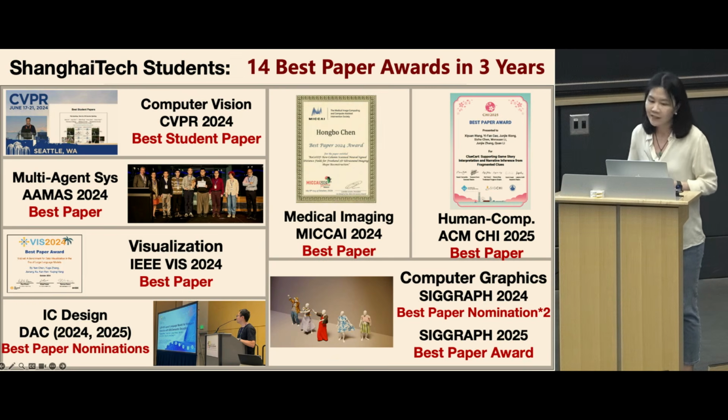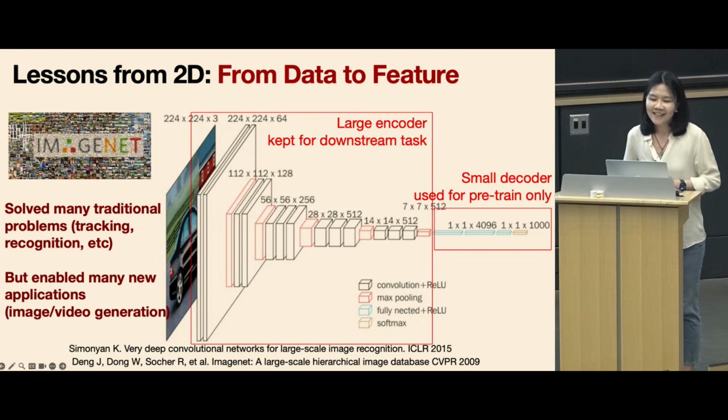More impressively, ShanghaiTech students have received 14 Best Paper Awards at CVPR, SIGGRAPH, MICCAI, and so on. Some of you have already admitted ShanghaiTech students to your graduate programs, but more are welcome. Today's talk focuses on how to bridge generation with imaging.